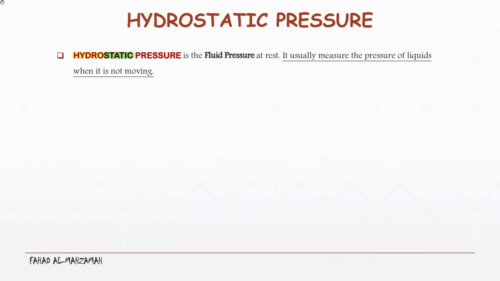If the liquid is flowing or moving, then we are talking about dynamic pressure, so we cannot use the formula for hydrostatic pressure. So the first condition to apply the hydrostatic pressure is that the fluid must be at rest, not moving.